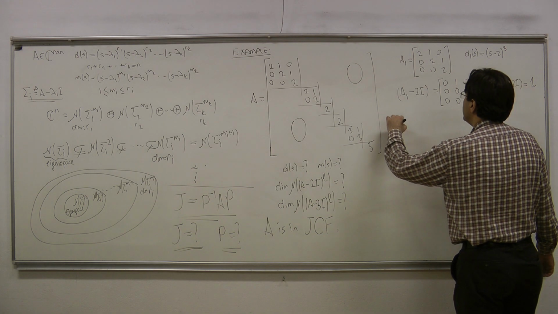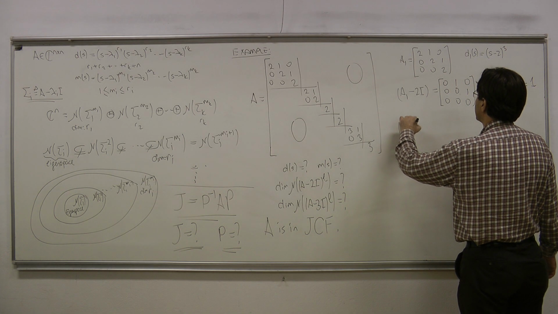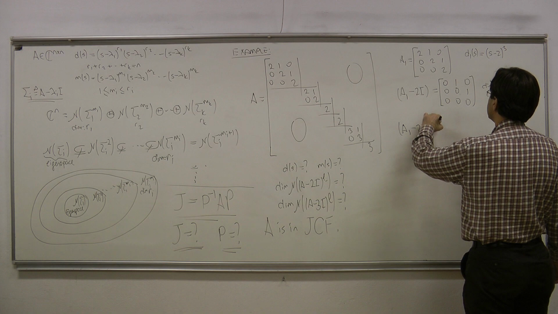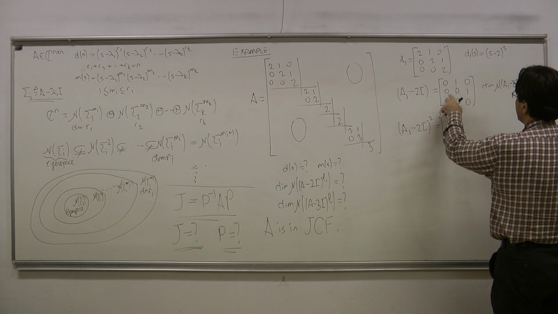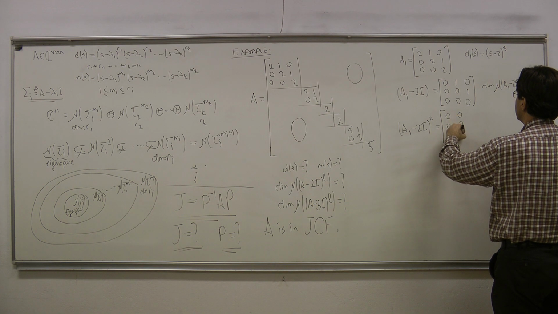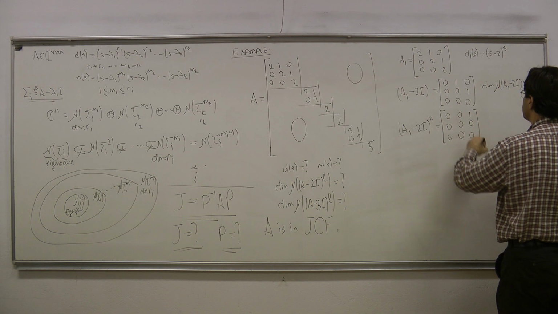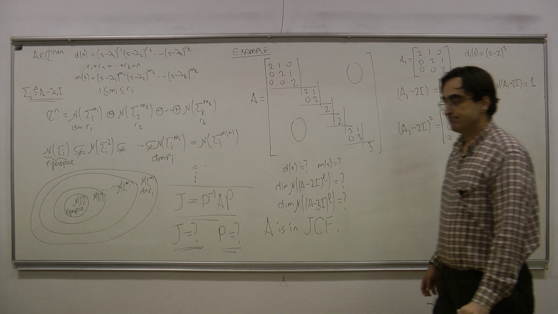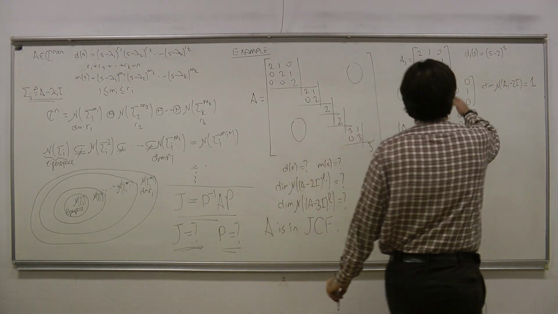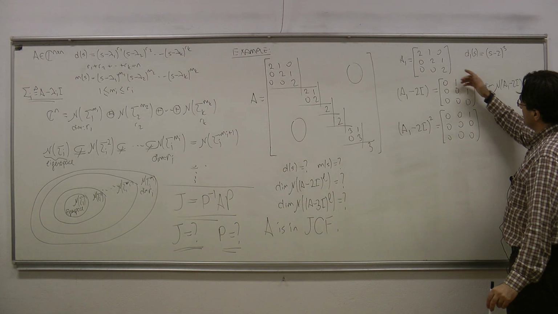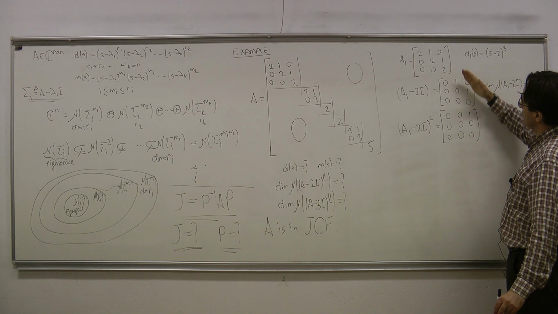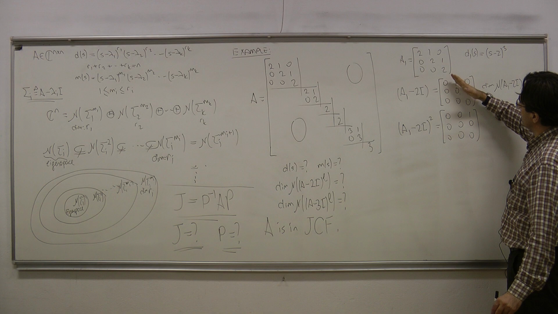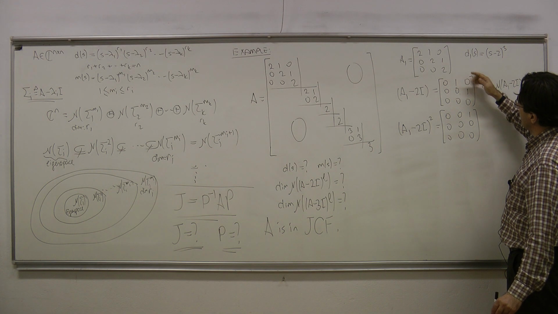Now let me look at the square of this matrix, A1 minus 2 identity square. When I multiply this matrix with itself, I get this matrix. So you see that these ones in this matrix traveled 1 row up. They were here, and then they came here.